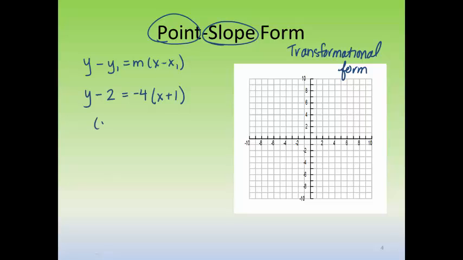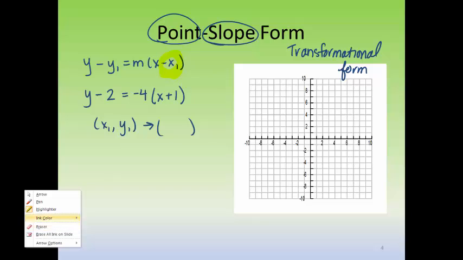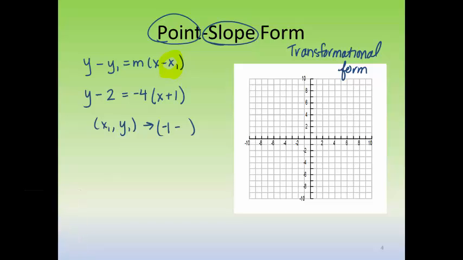We're going to extract our x1, y1 to find an ordered pair. When I find the ordered pair, we'll graph it. So if this is saying here that I want negative x or minus x, then what is my x1 value? Well, my x1 value is a negative 1. Well, what is my y value?